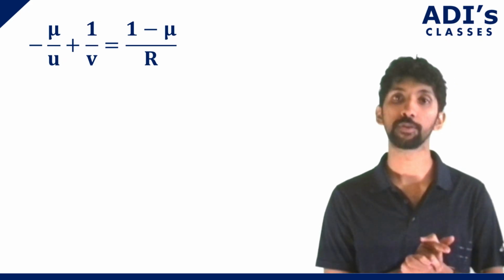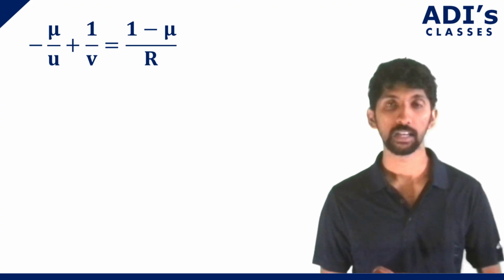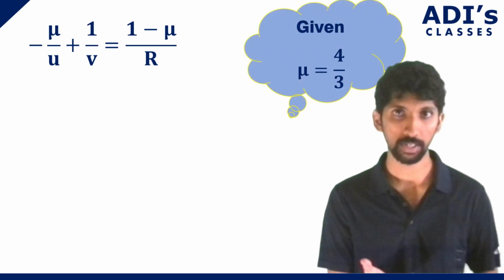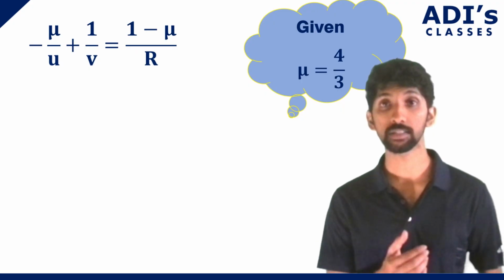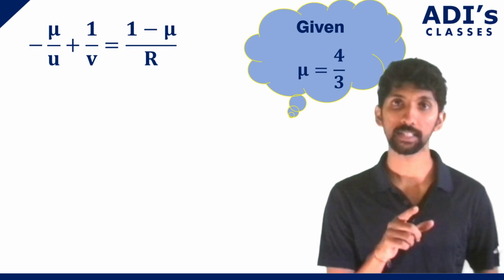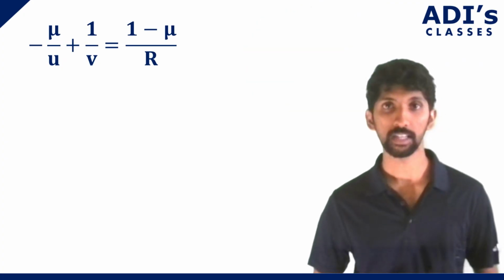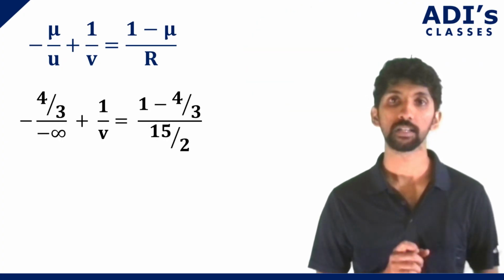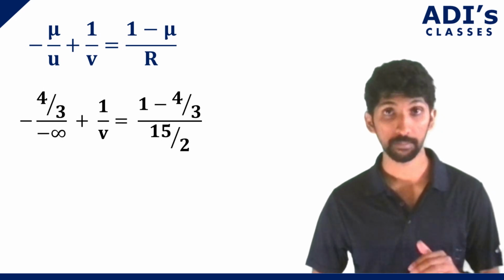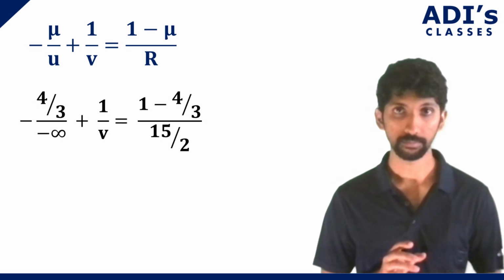Alright, now what was the value of u? Negative infinity. R is plus 15 by 2 because the diameter is 15, and the value of refractive index is 4/3. So if you apply that, minus 4/3 by minus infinity plus 1 by v is equal to 1 minus 4/3 divided by 15 by 2.